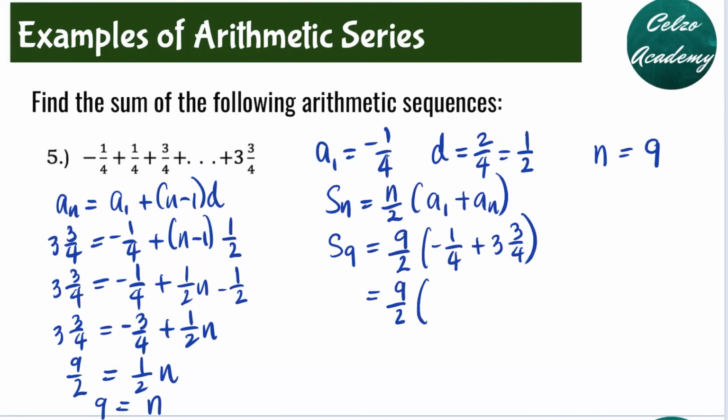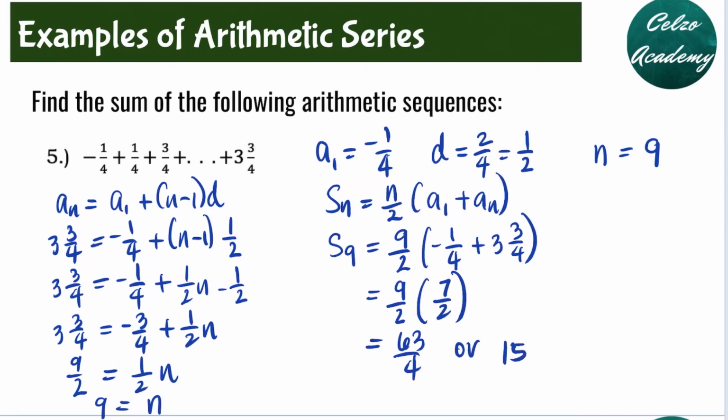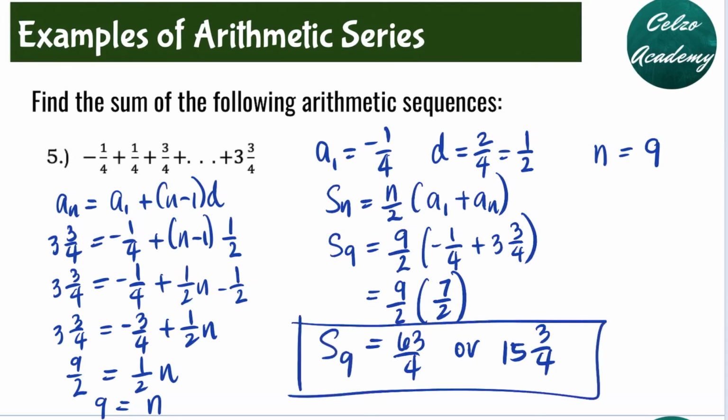Negative 1/4 plus 3 3/4 is 3 2/4, which is the same thing as 3 1/2, or 7 over 2. So multiplying 9 over 2 and 7 over 2, this is 63 over 4. In mixed number, this is the same thing as 15 3/4. So this is the sum of the 9 terms.